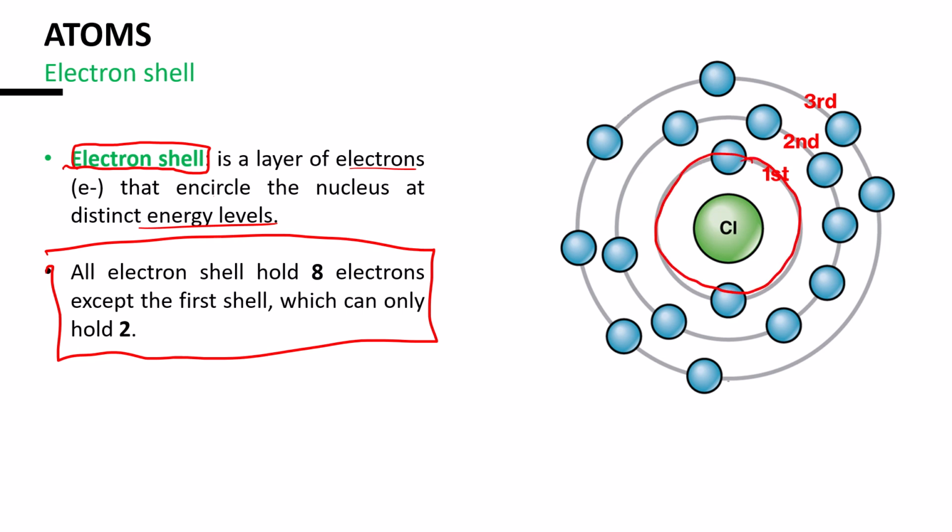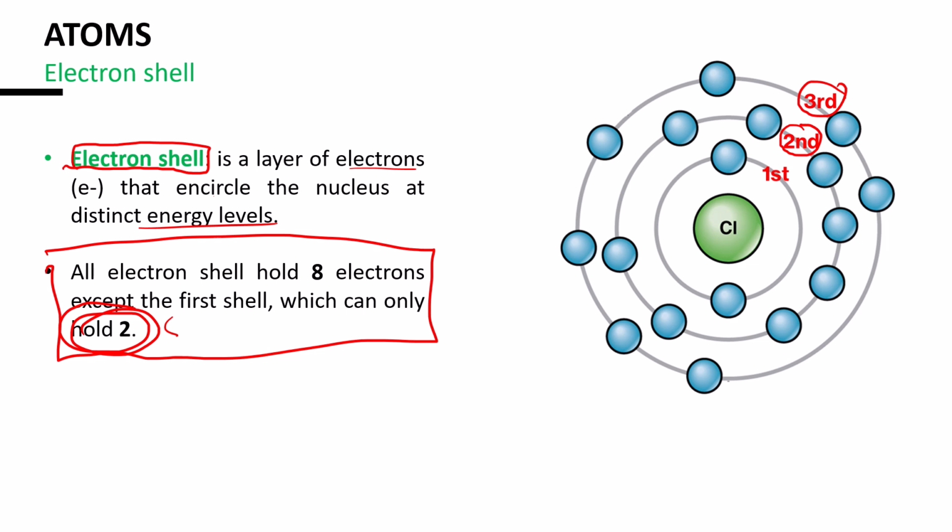Notice the concept that I want you to know is that this one can only hold 2 electrons. If the atom has more electrons, those other electrons must be in a different energy level. In this case, with this specific atom, this will be the second energy level or the second electron shell. And then after that, we have a third energy level or electron shell.